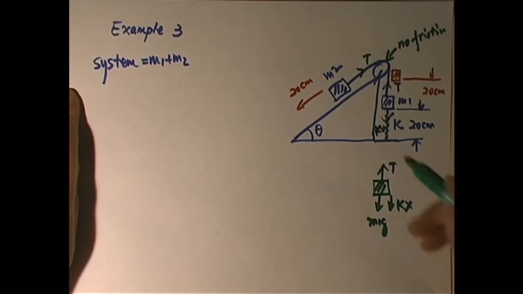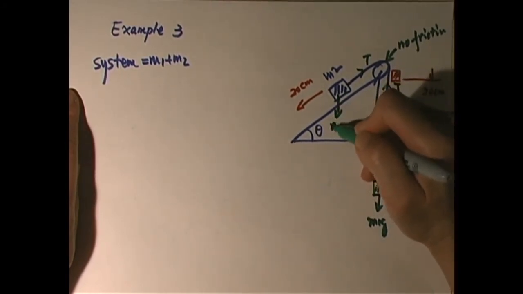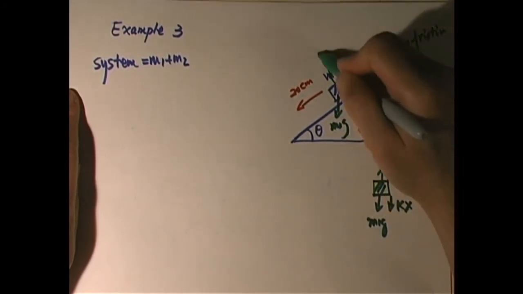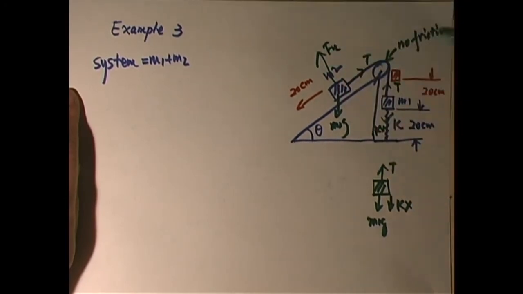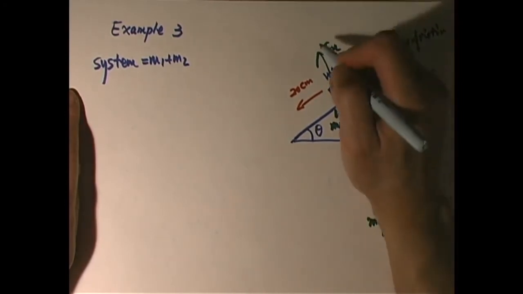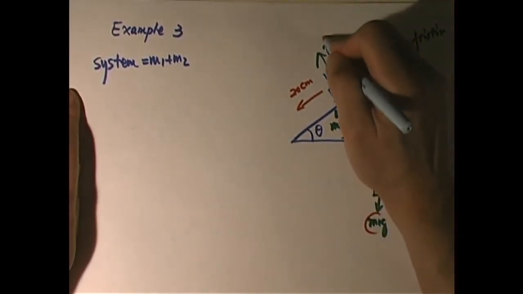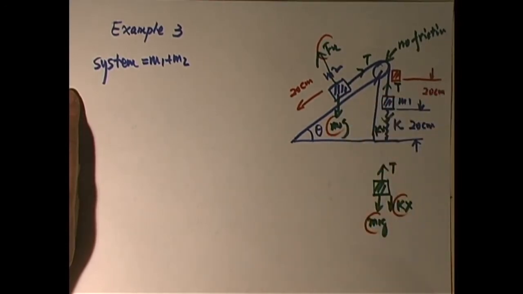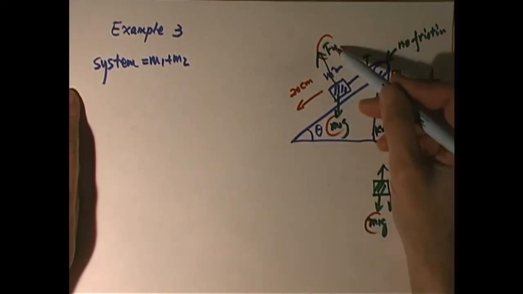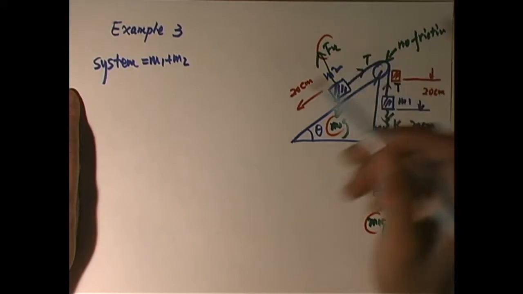Both are external. And for this one, M2G is external, normal force is external, but that tension T is internal. So therefore, out of that, M1G, Kx, M2G are external, and Fn is the only non-conservative.